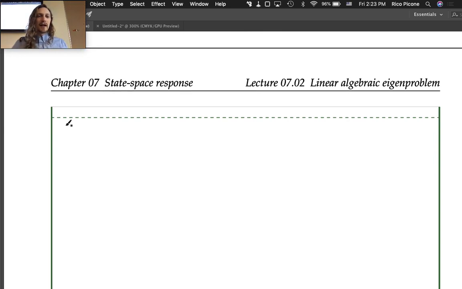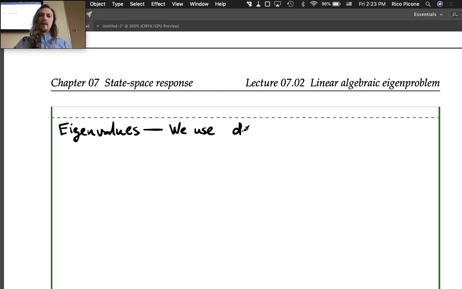Great. So eigenvalues, let's do that first. We're going to use the formula from before, which was that the determinant of lambda I minus A has to be equal to 0.